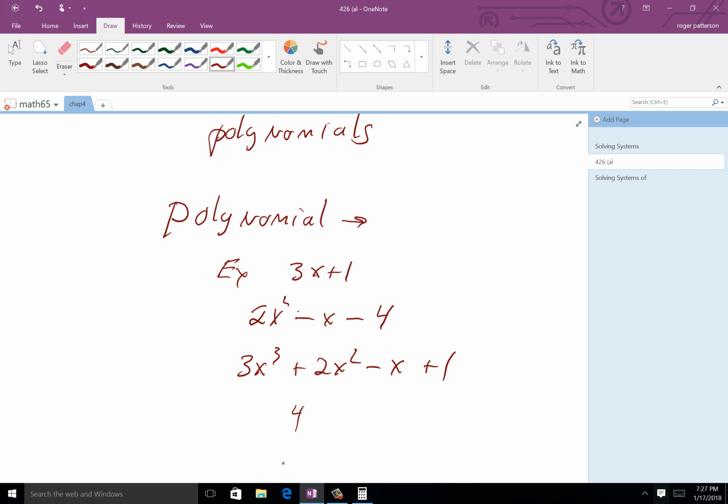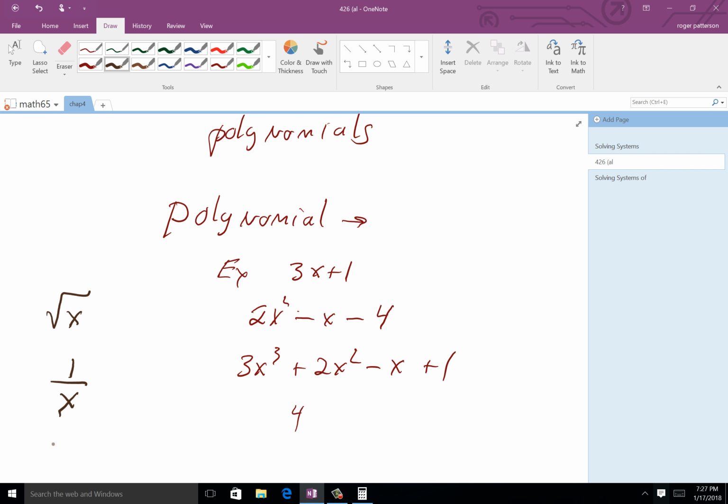So you might say, well, what is not a polynomial? Anytime you have something with a square root of x, those are not polynomials, because this is what we would call a function and this is a rational expression. So these are not polynomials.